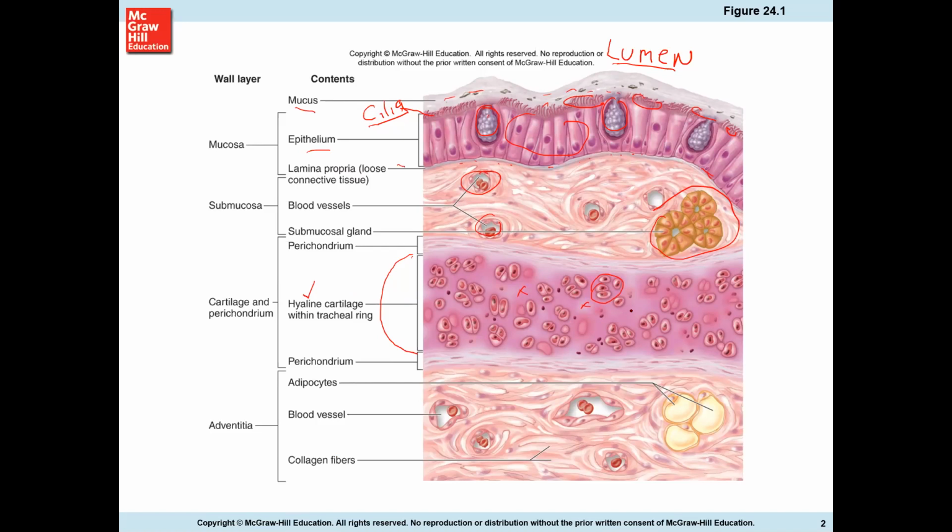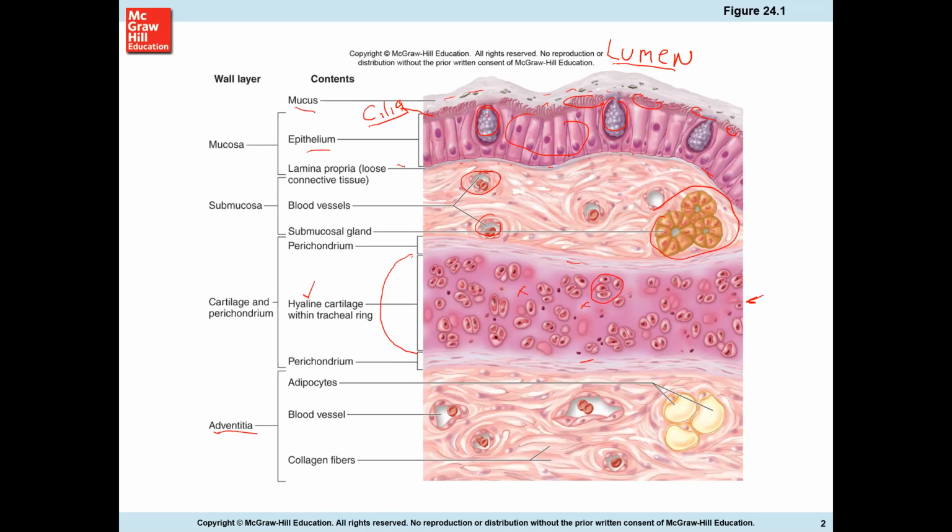So most of the respiratory system has cartilage for support to keep the airways patent and open. Perichondrium, just the outer part of the cartilage. And then adventitia is connective tissue, like the outer part that's going to anchor these conducting tubes to other structures.